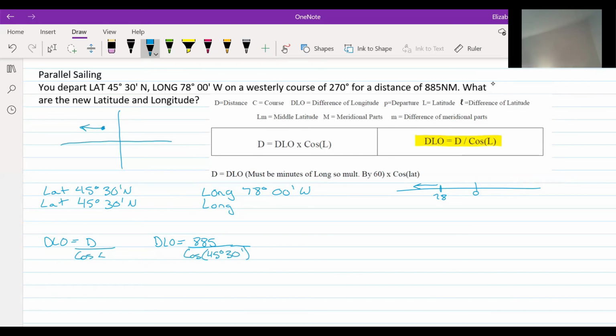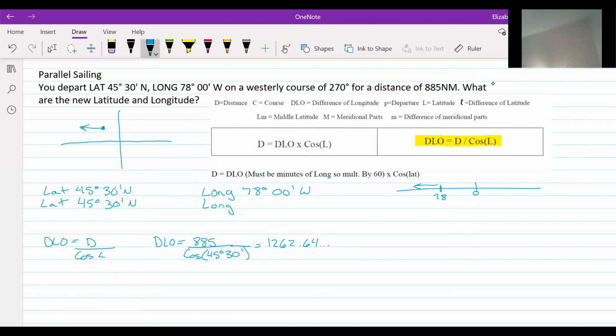So it's 885 divided by the quantity, so you need a parenthesis, then cosine, which will give its own parenthesis, 45 degrees, 30 minutes, and you have to hit the parenthesis button twice in order to make it function correctly. Otherwise, you'll get an error message. And I got the number 1262.64 and some change. You want to leave that entirely in the calculator.